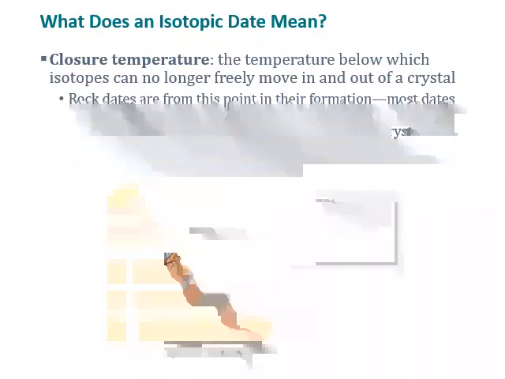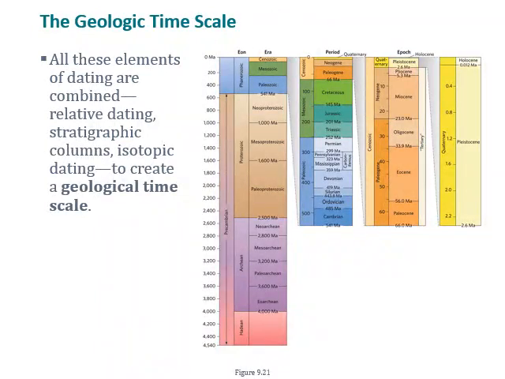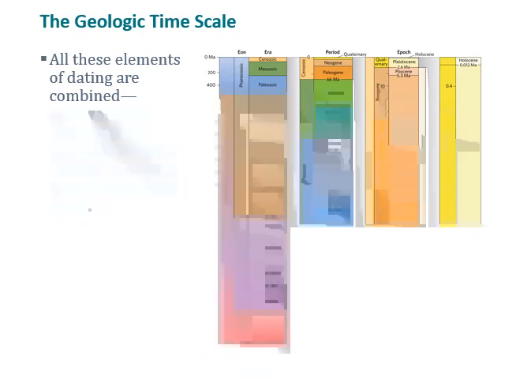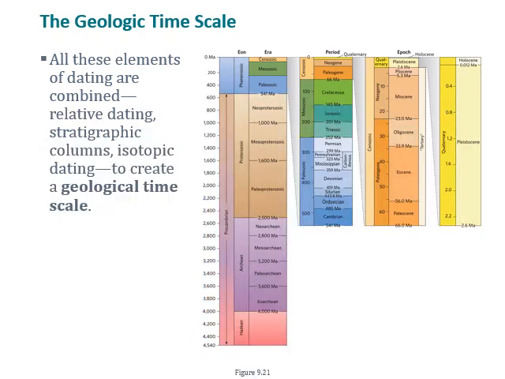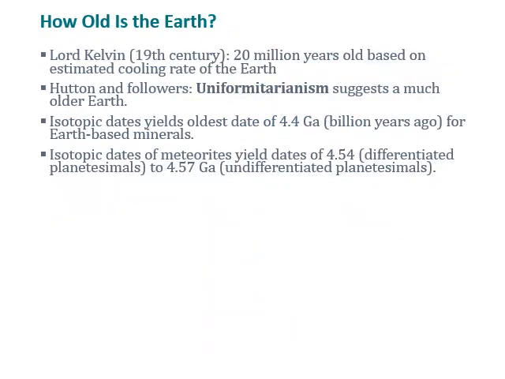All elements of dating are combined, which include relative dating, fossil evidence, stratigraphic columns, and isotopic dating, to create a geological timescale. There have been many estimates over the course of human history to understand the age of the Earth. Lord Kelvin in the 19th century estimated a 20 million year age based on a cooling rate of the Earth.